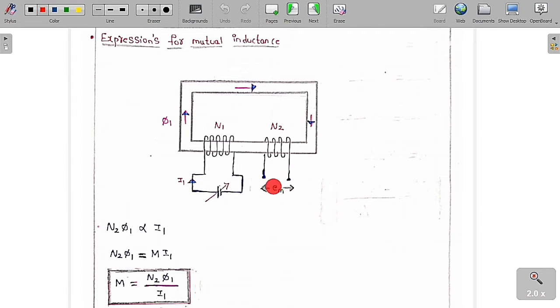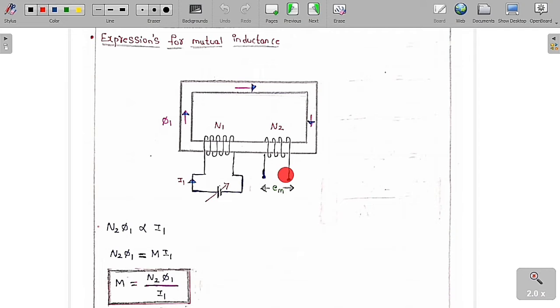As the secondary side is open circuit, a voltage is going to get induced across these N2 turns, because this flux passes through these turns and cuts through these coils. Therefore, whenever there is a rate of change of flux in a coil, a voltage is induced across that coil.